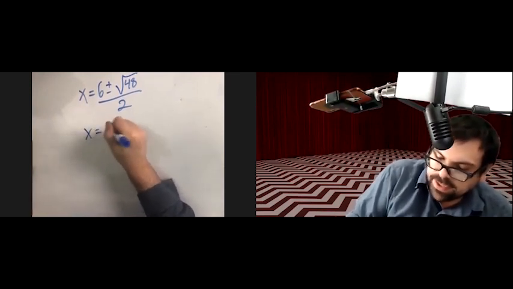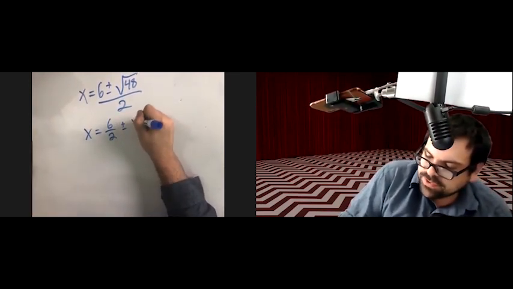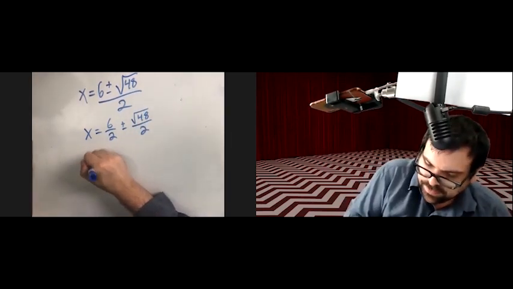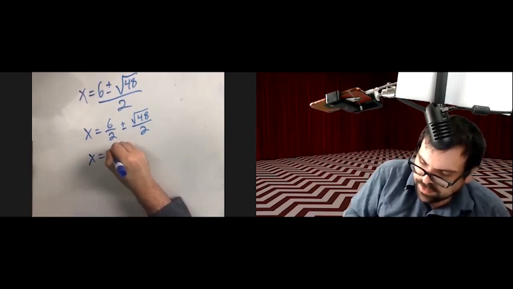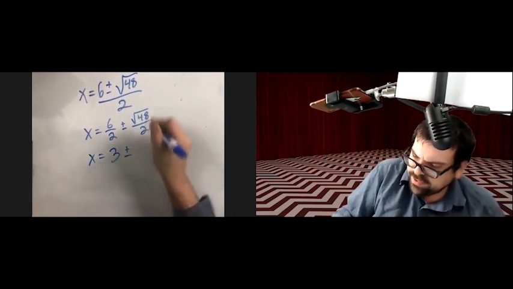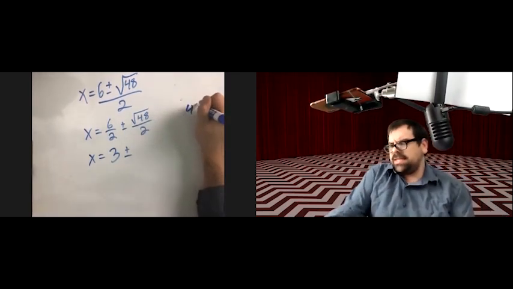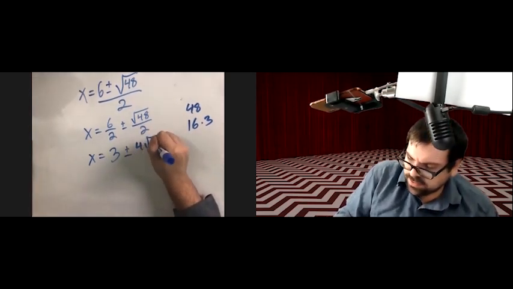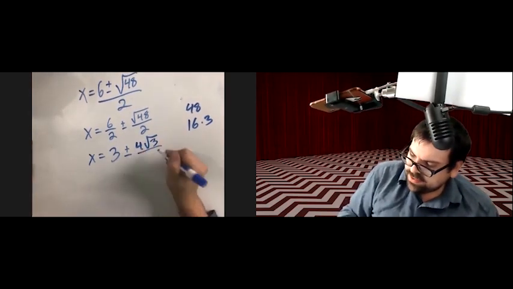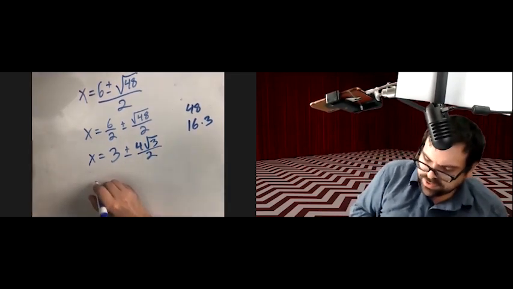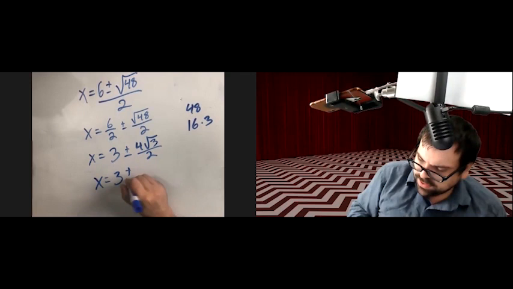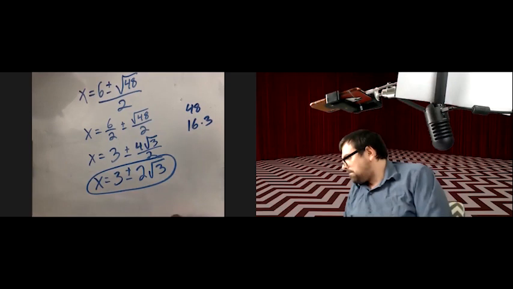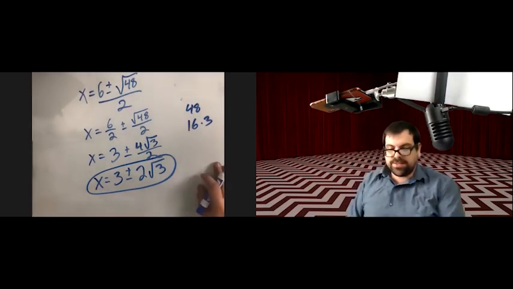So we split up 6 over 2 plus or minus radical 48 over 2. 6 over 2 is 3. 48, that's 16 times 3. A 16 underneath is a 4 on the outside. 4 over 2 is 2. X equals 3 plus or minus 2 radical 3. That's our answer.